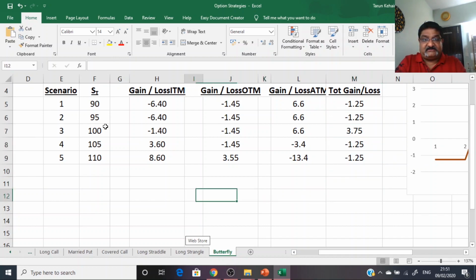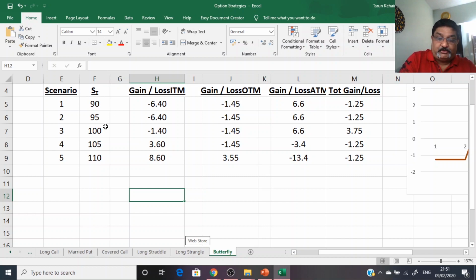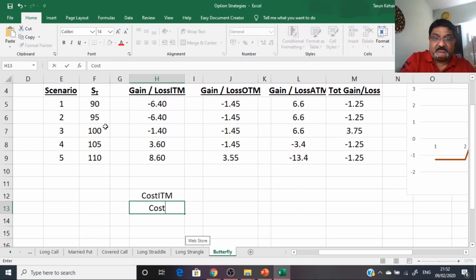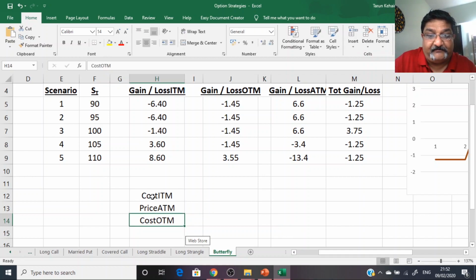Now how do you get this? You have a cost for the in the money option, a price for the at the money option, and a cost for the out of the money option. Let's look at each of them.